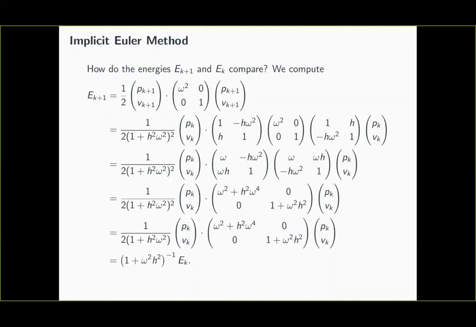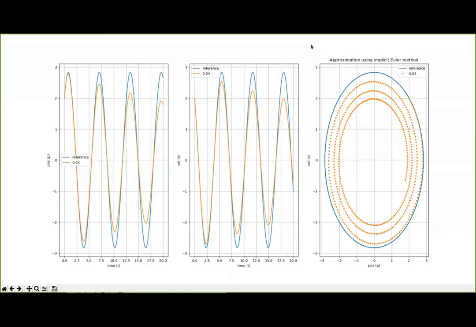The energy actually decreases for the implicit Euler method. If the explicit Euler method suffers from an artificial increase of energy, then the implicit Euler method suffers from an artificial decrease of energy. And that is also corroborated by our numerical example here.